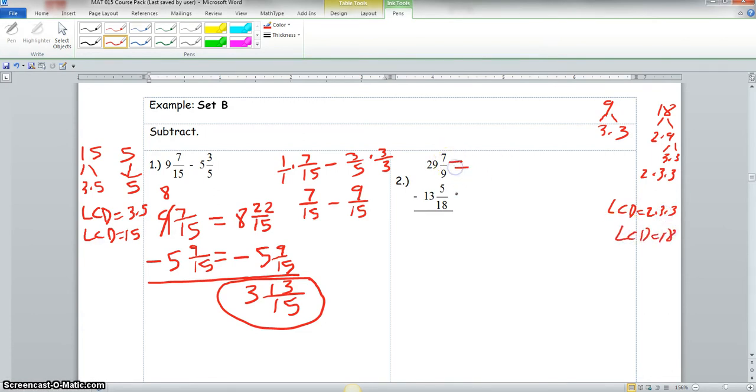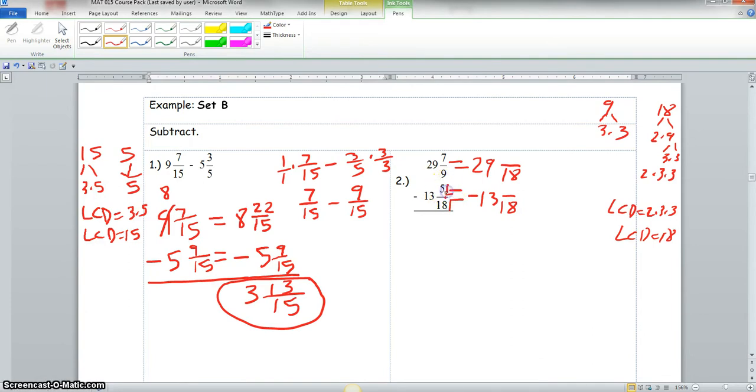So let's write it over here. I'm going to bring over these whole numbers here. So our common denominator is 18. So we know 18 divided by 18 is 1. So we'll multiply this 5 over 18 by 1 over 1.